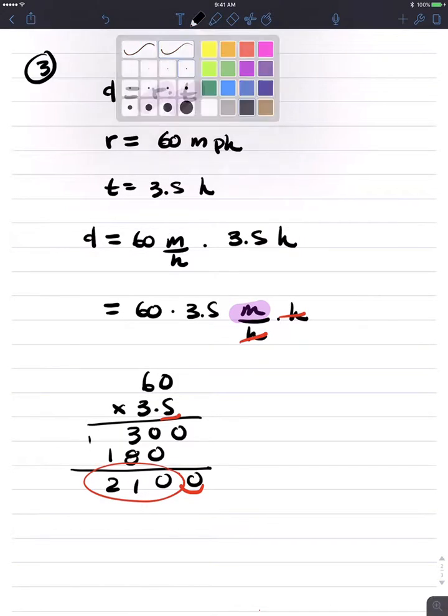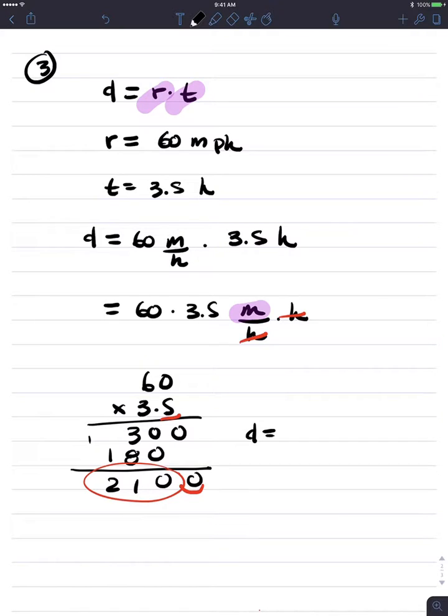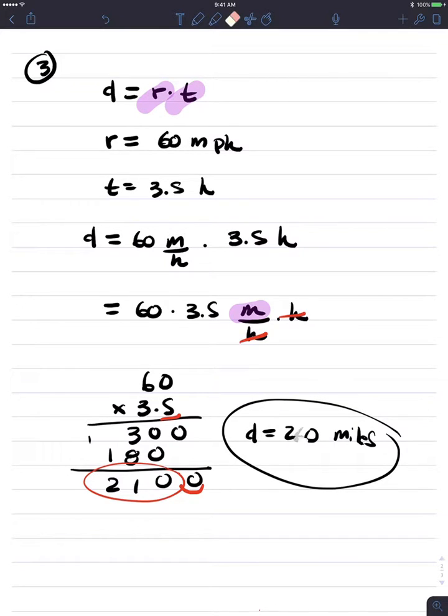That is, my distance will be 210 miles. And we're done.